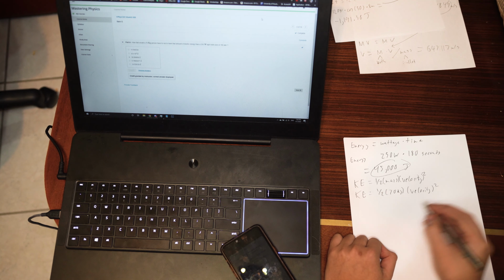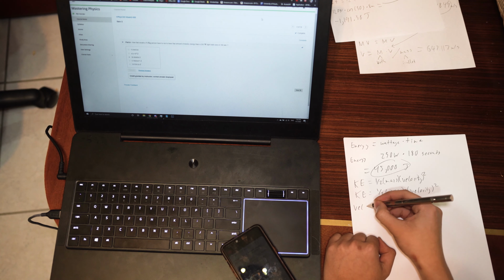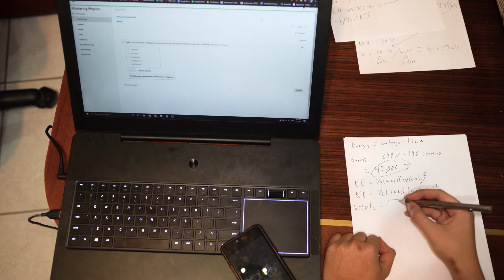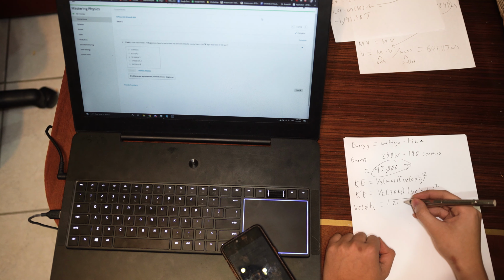So if we use this formula to figure out what velocity is, we're going to get that the velocity is equal to the square root of 2 times our kinetic energy, which is the 45,000 joules, divided by the mass, which is 70 kilograms. When we plug this in, the velocity that this person would have to be running to get the same amount of energy is going to be 35.86 meters a second. And that's our answer.